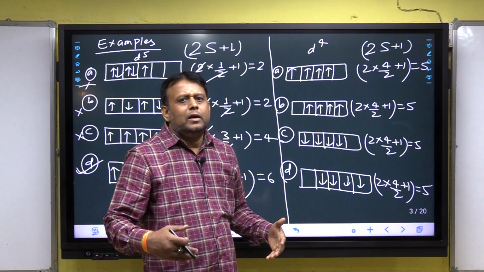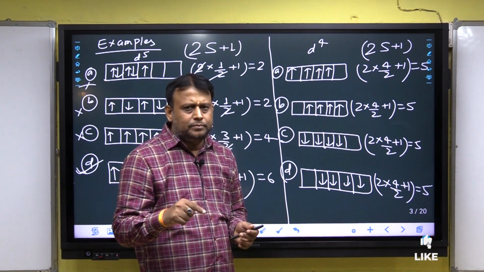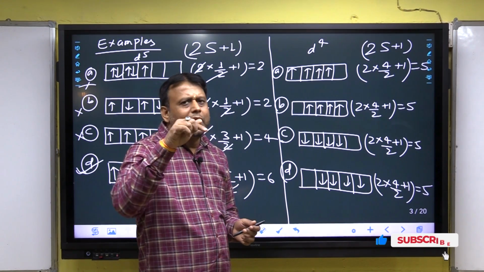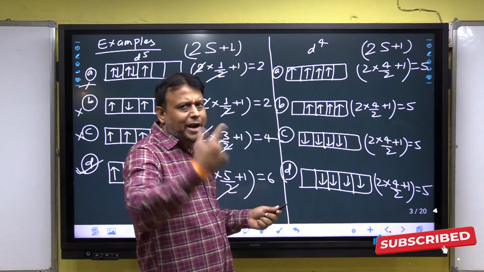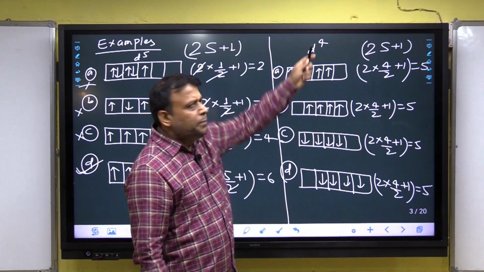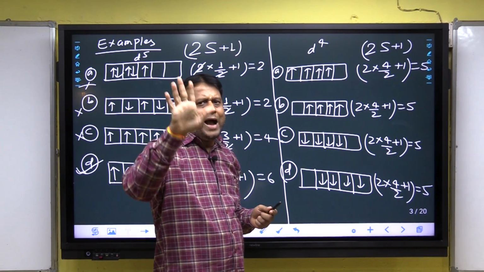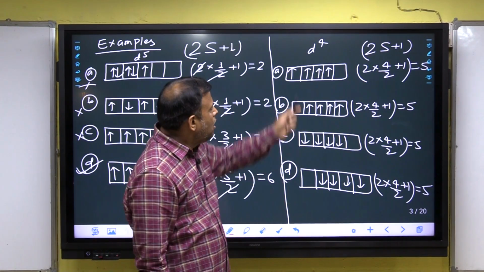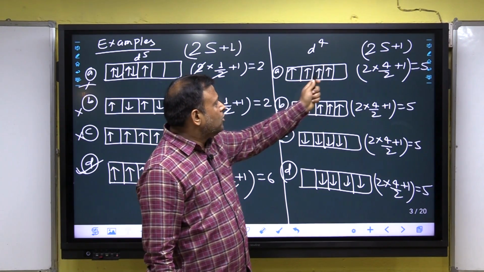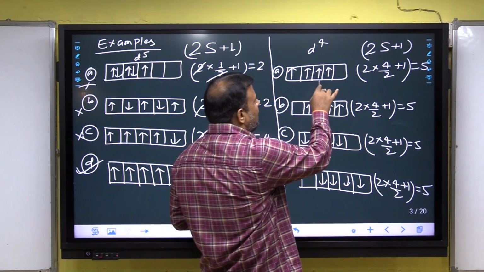Again, second example, d4. What will be the maximum spin multiplicity, and which is the correct way according to Hund's rule? Look at d4. That means d has 4 electrons, and we know that d has 5 degenerate orbitals. Orbitals 5, but electrons 4: plus half, plus half, plus half, plus half.